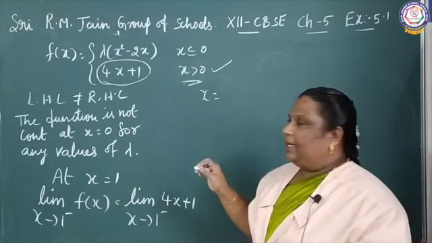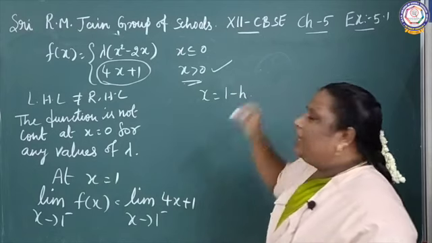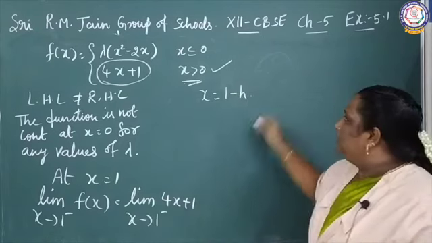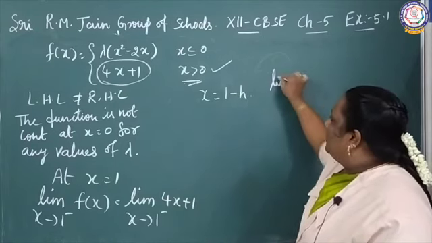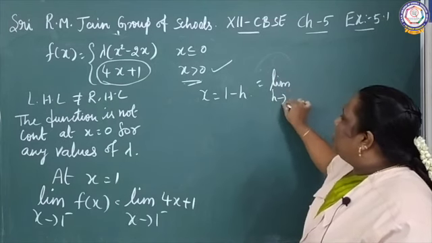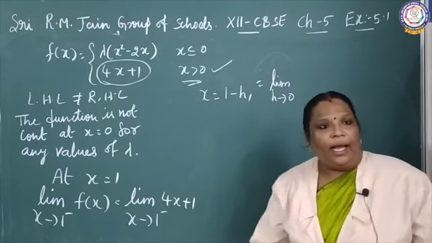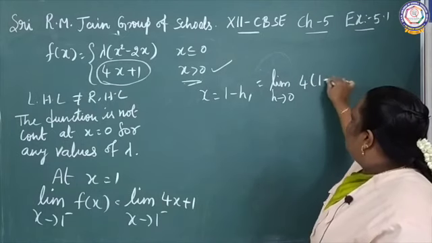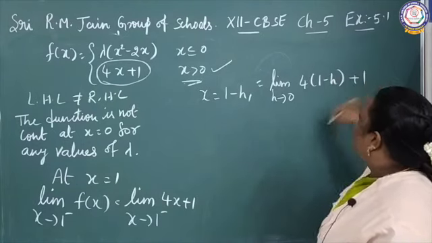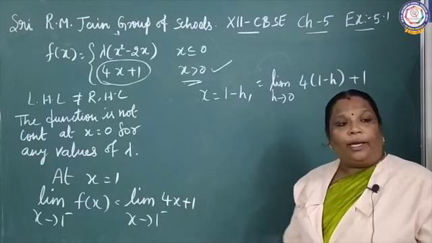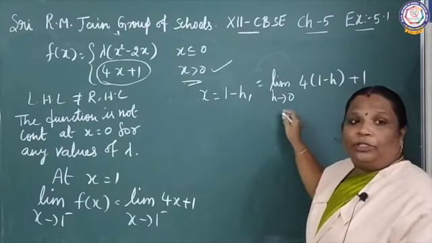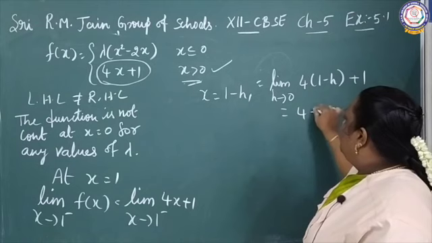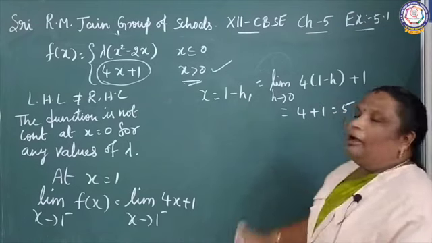A minus h, that is 1 minus h. Limit h tends to 0, 4 into 1 minus h plus 1. H approaches 0. What is the value you are getting? 4 plus 1 equal to 5.